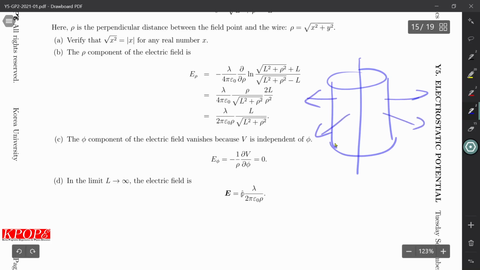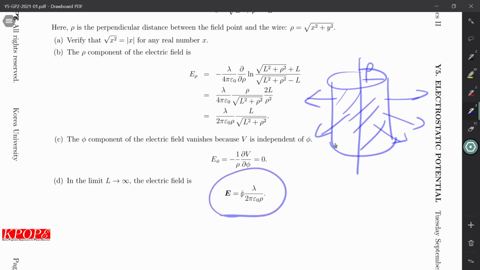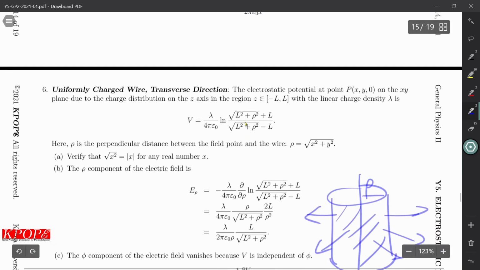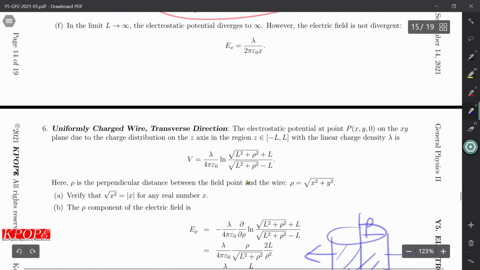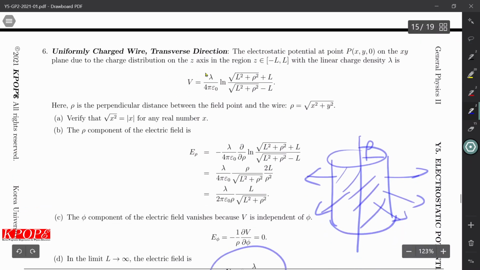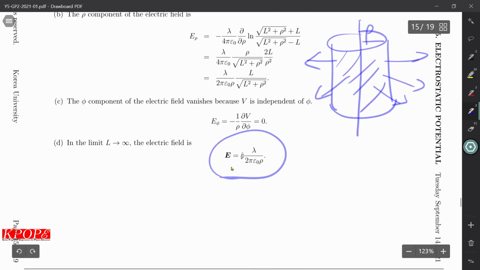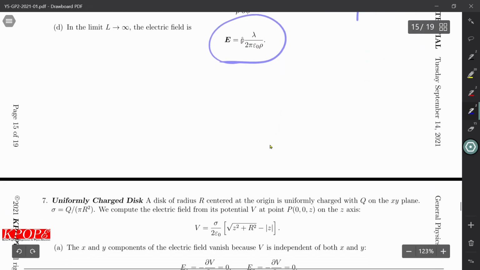The electric field is radial, and the magnitude of the electric field must be constant on a surface of radius rho. The same result can be obtained directly from the electrostatic potential given in here, without applying the Gauss law. All right.